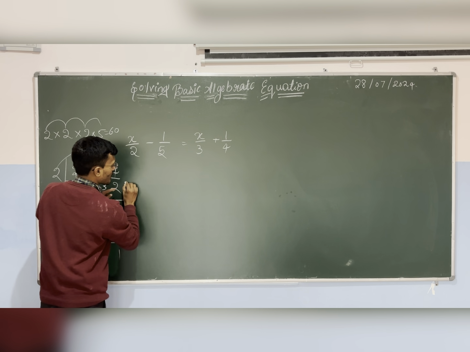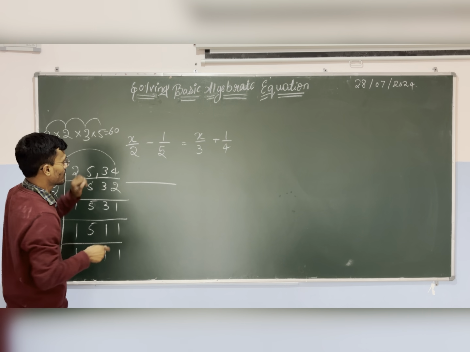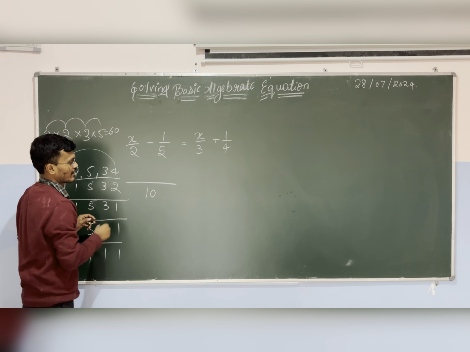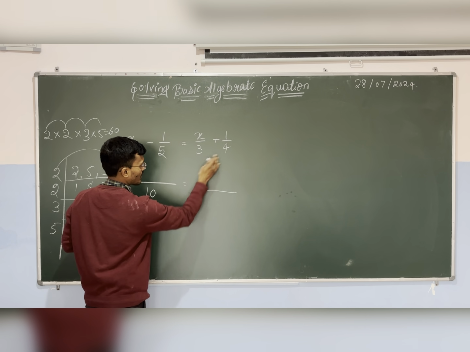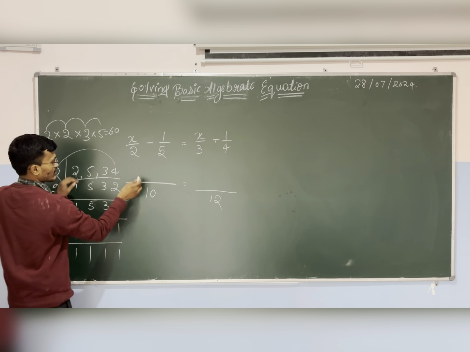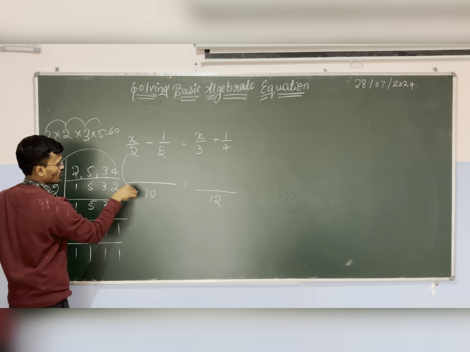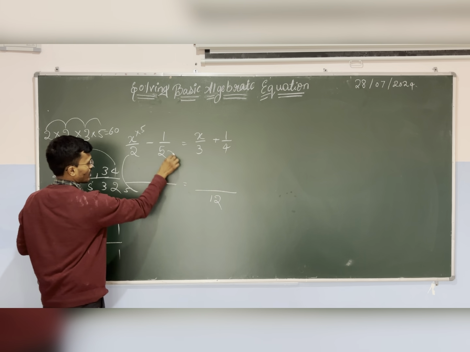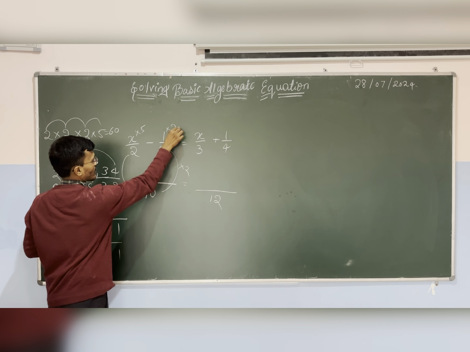So next here we need to take the individual fractions' LCM. The individual fraction LCM we got is 10. Here also the individual LCM we got is 12. So next, 2 5s are 10, I mean into 5, and 5 twos are 10. Here you need to write a 2.